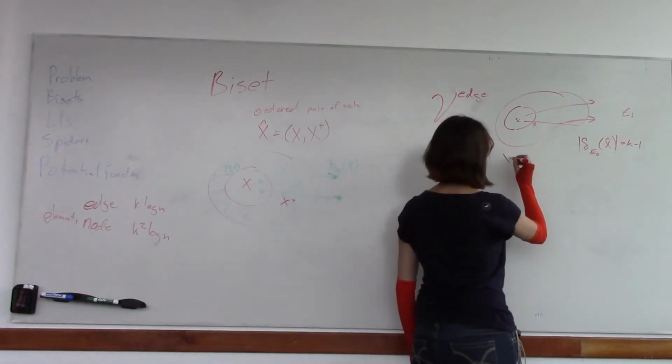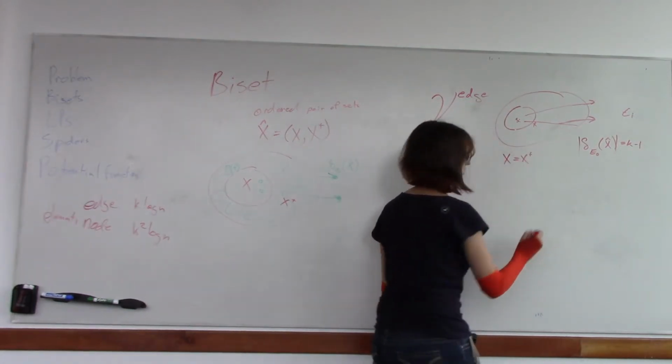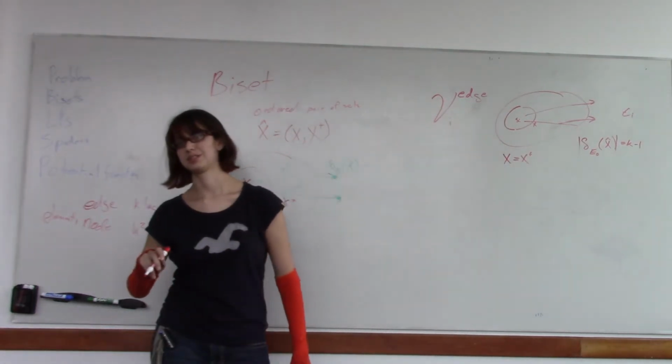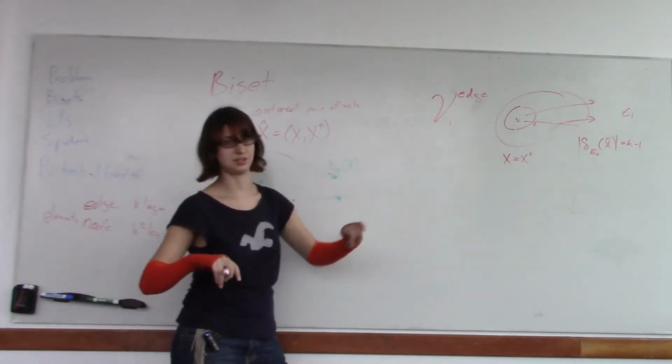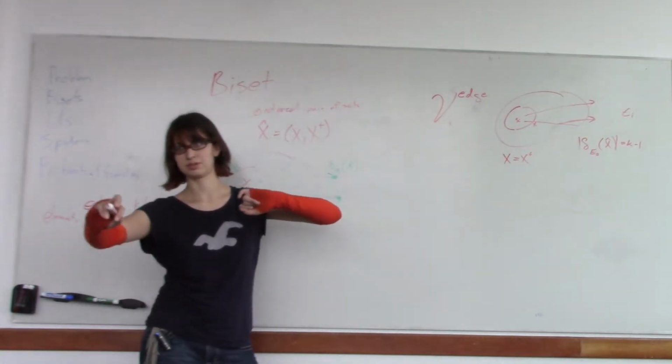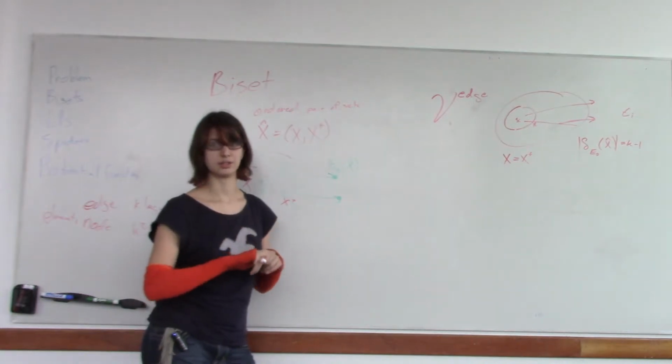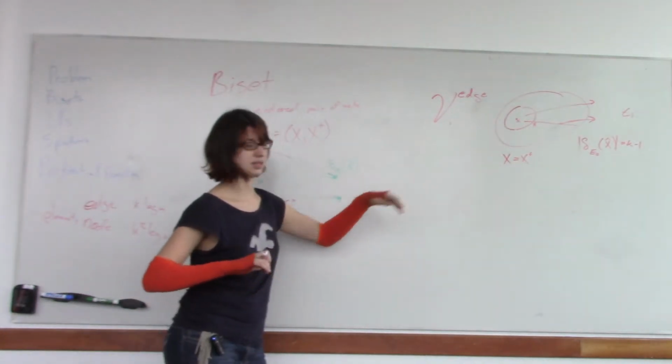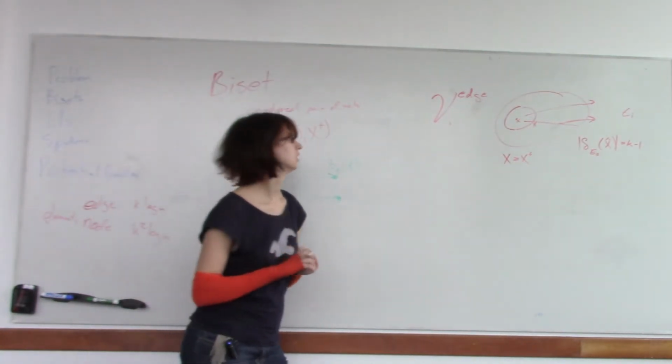Oh, yeah, I didn't read this one right. Yes, this is the uninteresting one, because x has to equal x plus. So yes, you're right. In this case, x has to equal x plus.